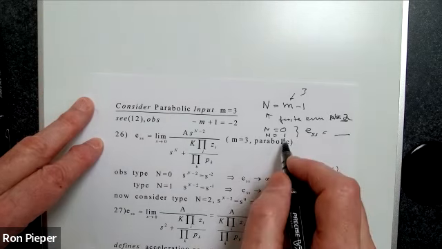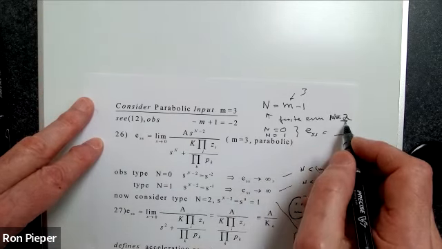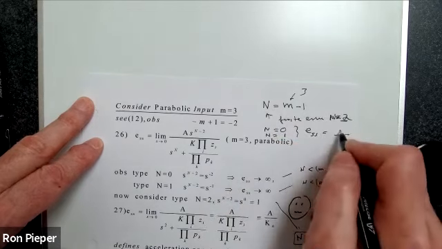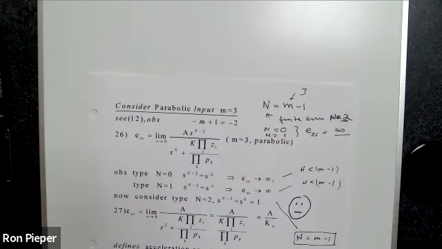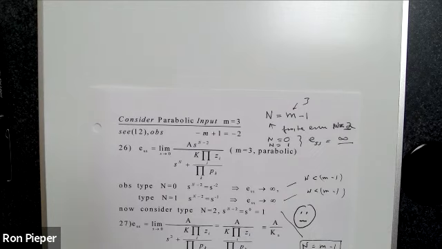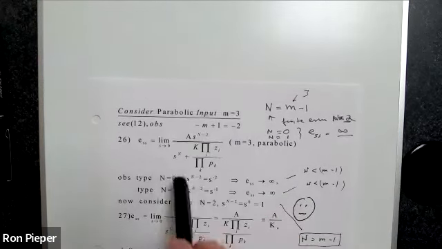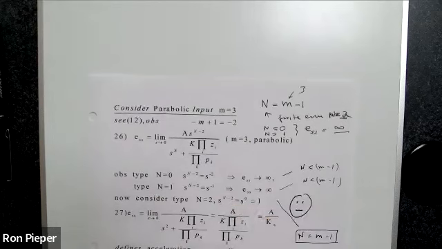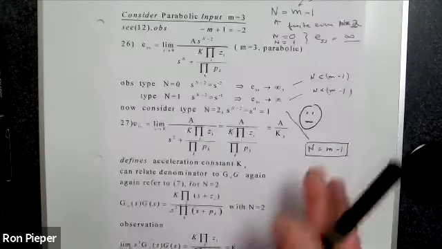Since 0 and 1 are less than 2, it's infinite. So even without pulling out the formulas, we have an advanced idea of what should happen. There's n minus 2. Check if you put in n equal to 0 and n equal to 1 and take that limit. Yes, you get infinity in both places.